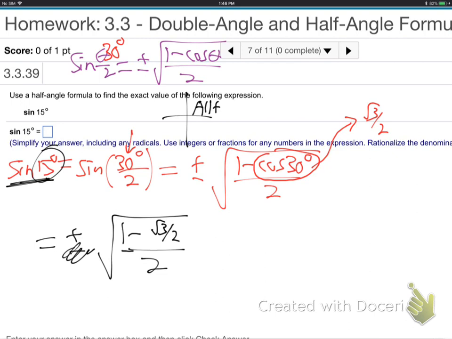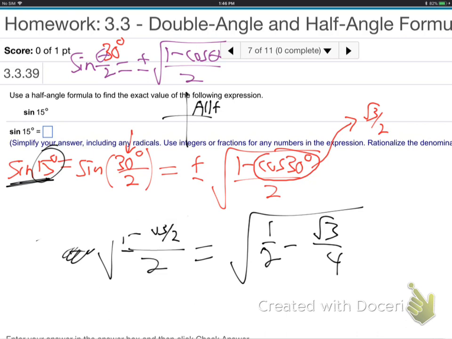Now I've got to simplify this thing. How do you simplify that thing? It's dividing both of these by 2, isn't it? A 2 there? So let's just go. It's a half minus root 3 over 4. I'm running out of room.